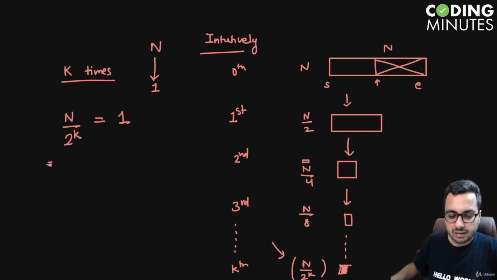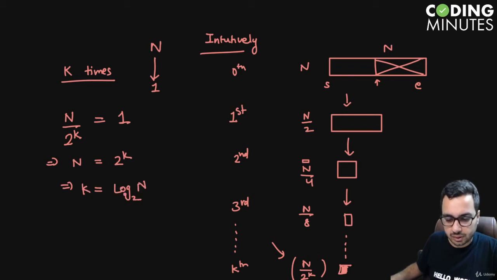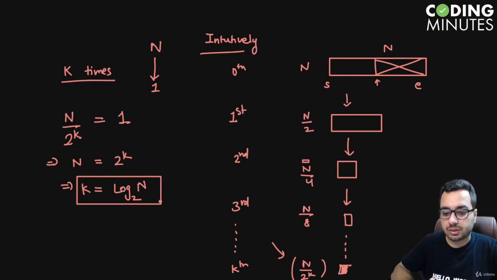So n is equal to 2 raised to the power k. That means k is equal to log of n to the base 2, if I take log on both sides. So the loop in binary search runs log n times, which means our total work done is also order of log n.